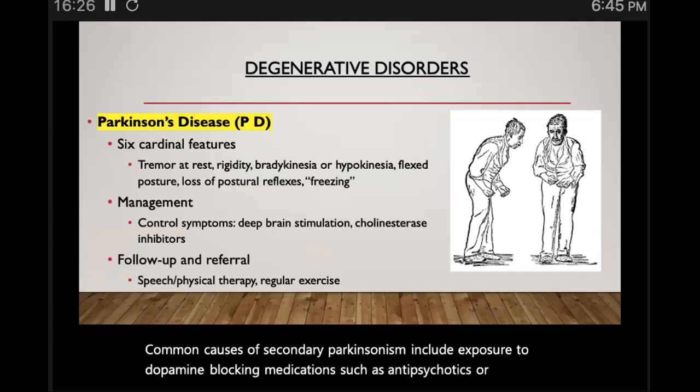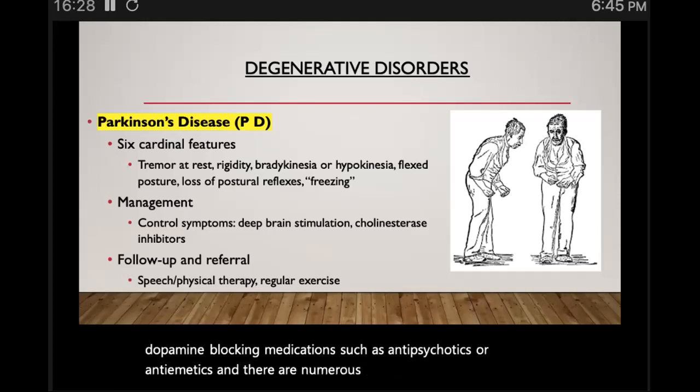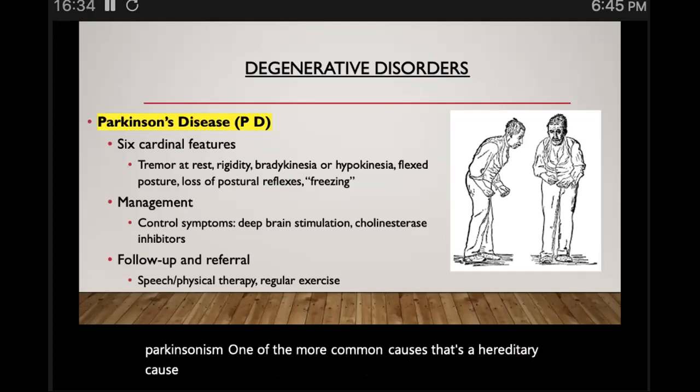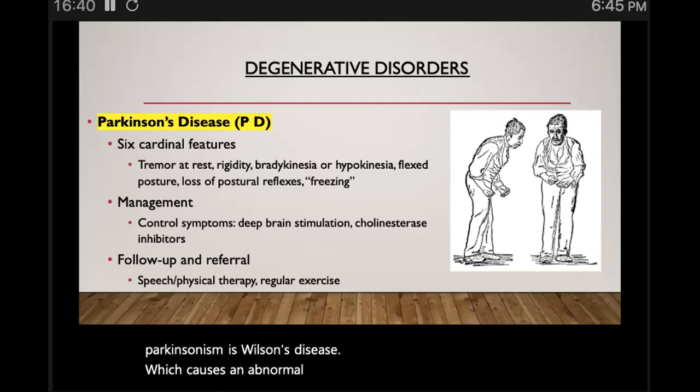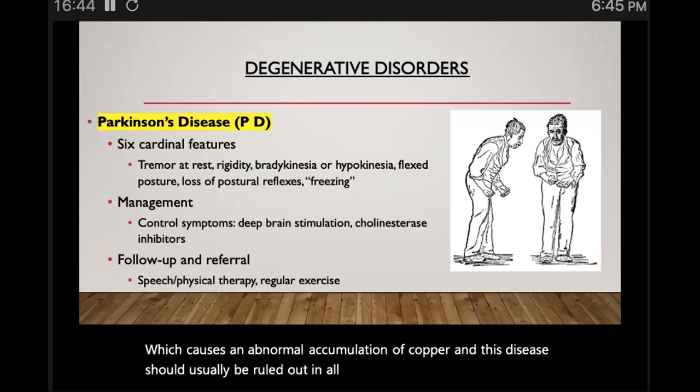And there are numerous rare hereditary causes of Parkinsonism. One of the more common hereditary causes is Wilson's disease, which causes an abnormal accumulation of copper. This disease should usually be ruled out in all young patients presenting with a movement disorder because it is very easily treatable.